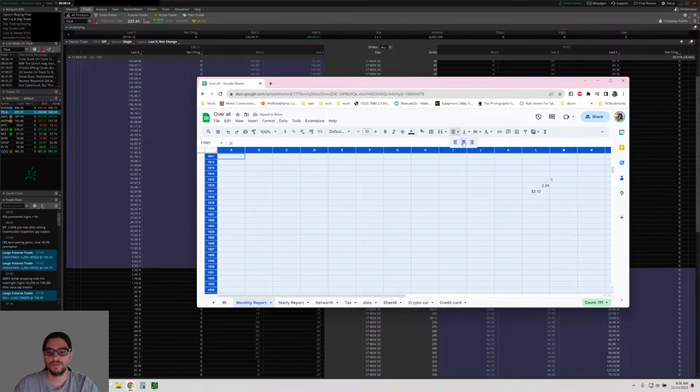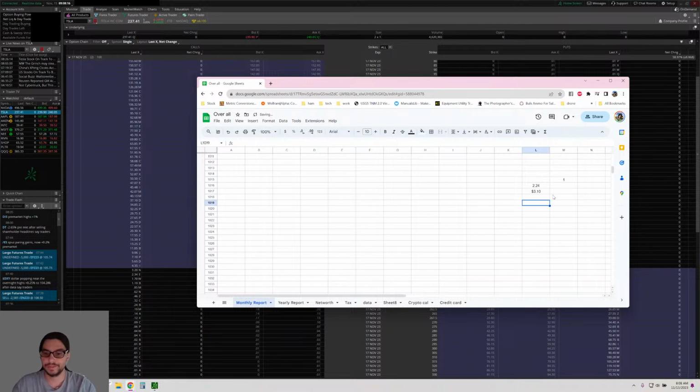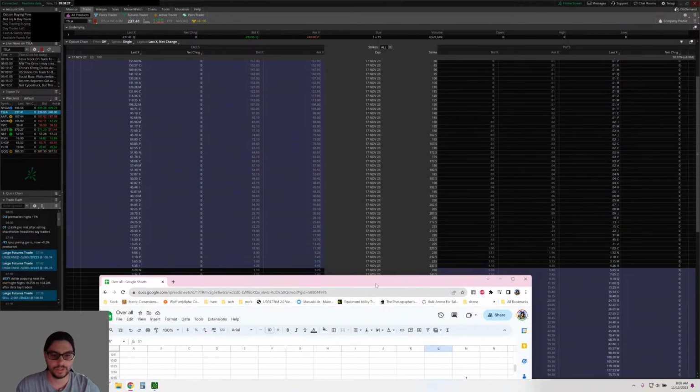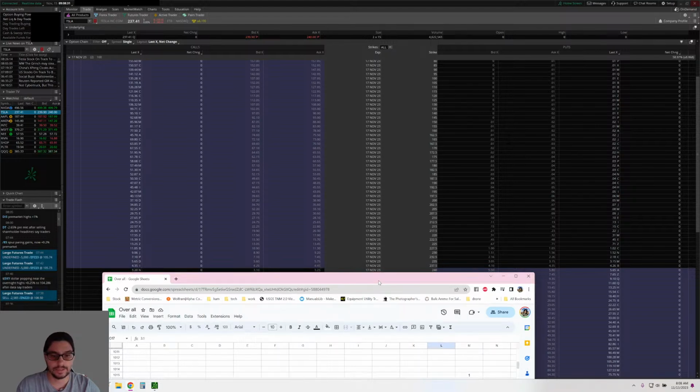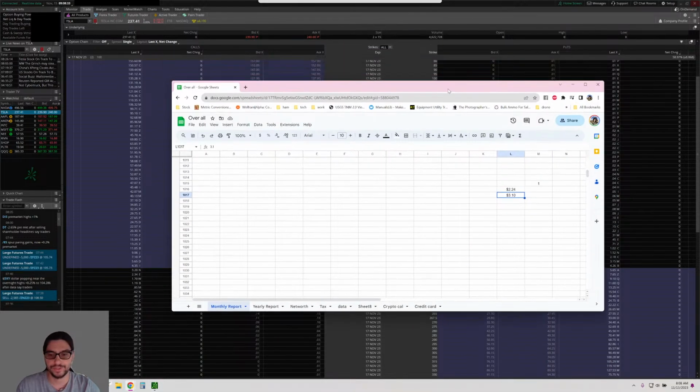Throw everything into the center because that's the way I like it. Make that into a money symbol so we have easy structure here. This is the price of the option originally. This is the price that it's selling for now, unless it's changed. It has not. It's still 3.10.